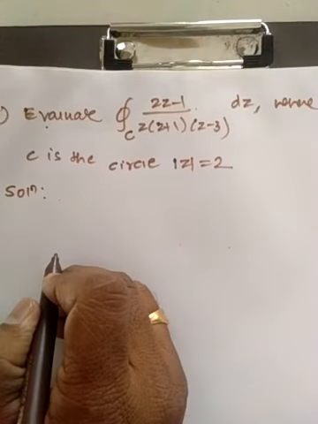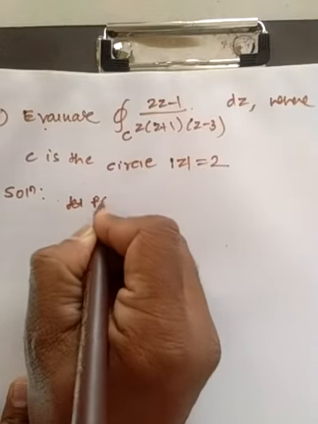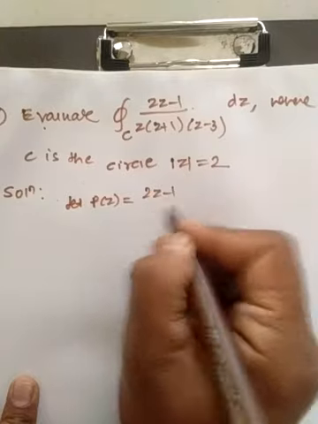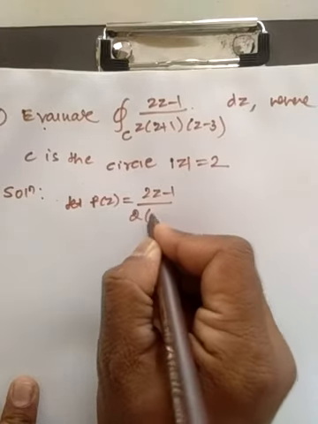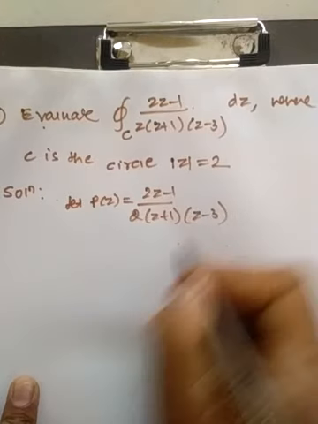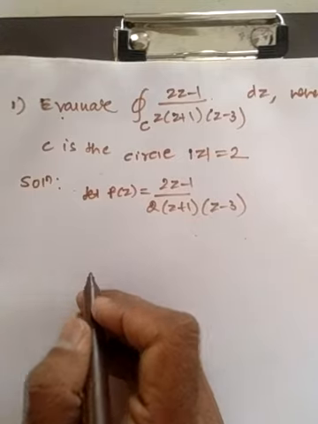So solution. Let f of z is equal to 2z minus 1 divided by 2 into (z plus 1) into (z minus 3). Now we first find the poles.